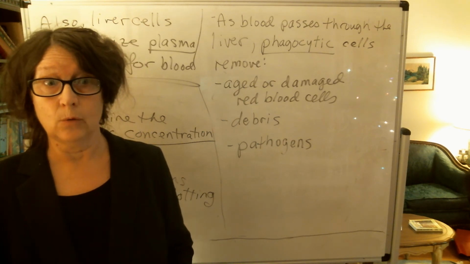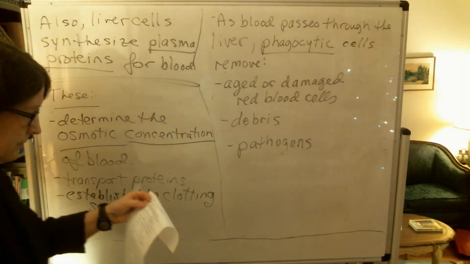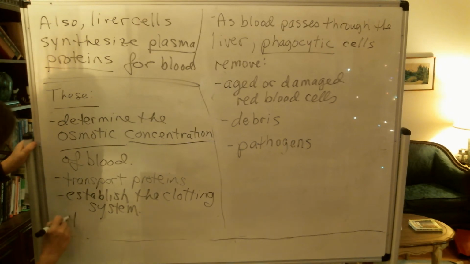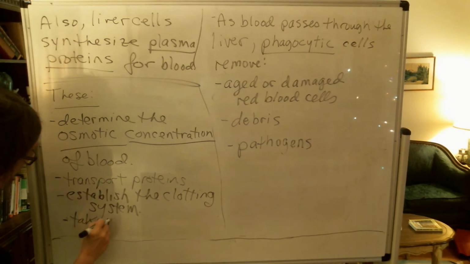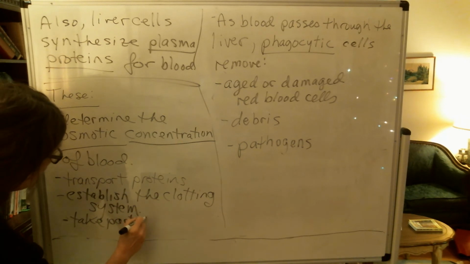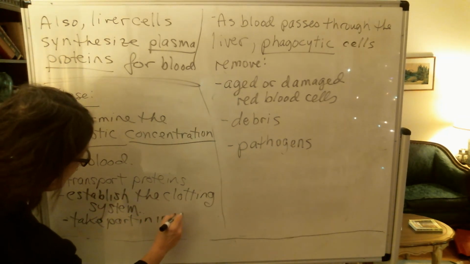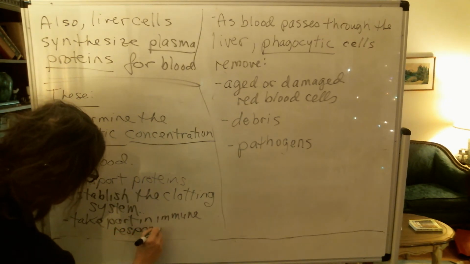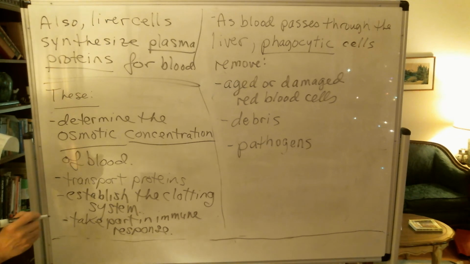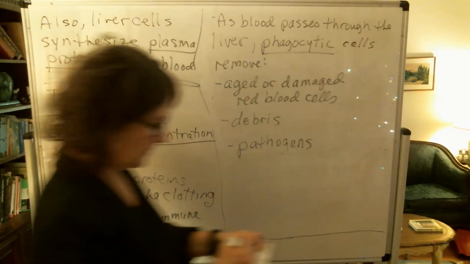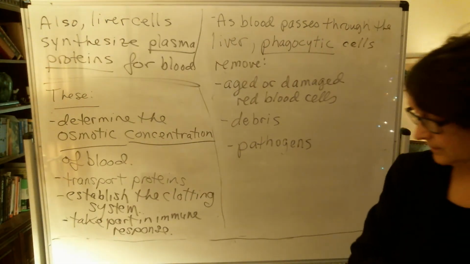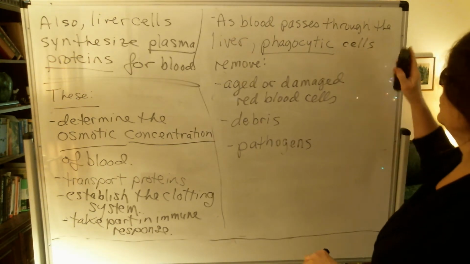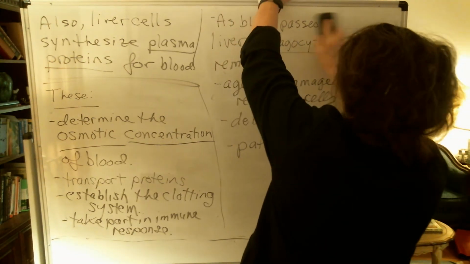Again, we will get to that when we talk about the circulatory system. And there are also plasma proteins that take part in your immune response. So that then is all under category 2.